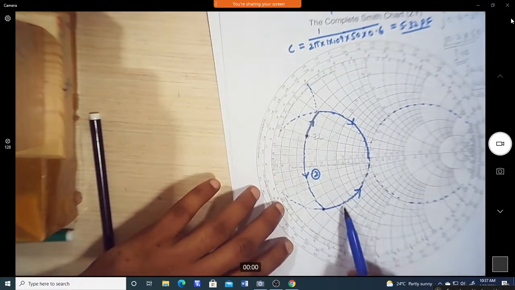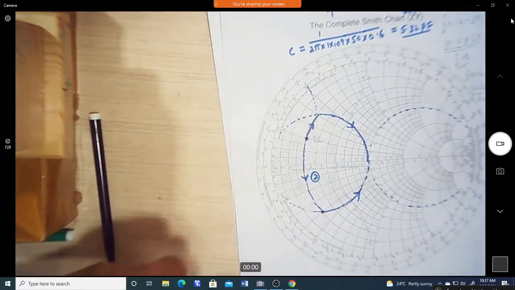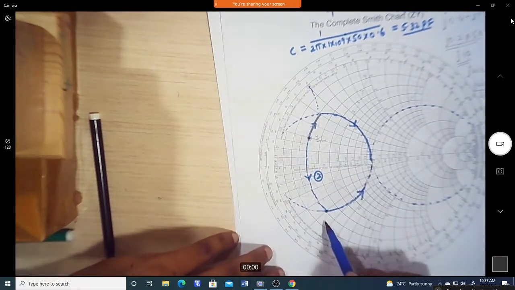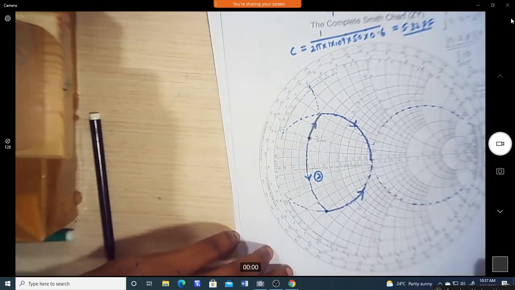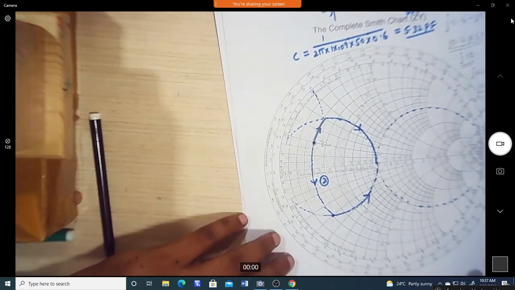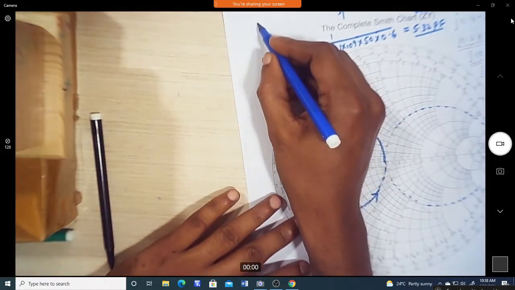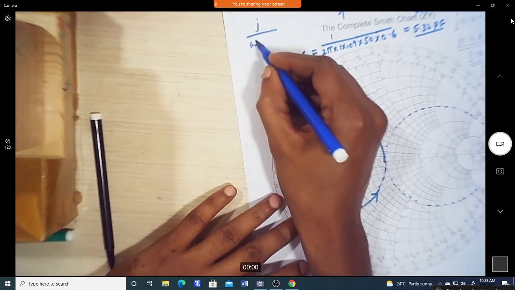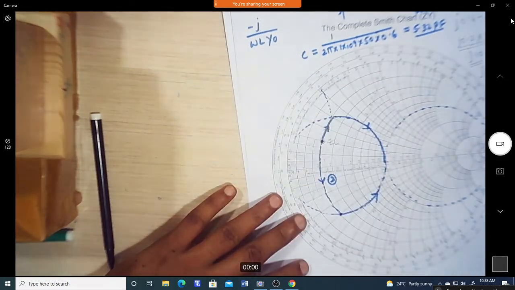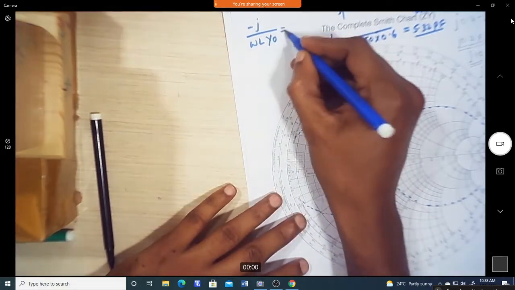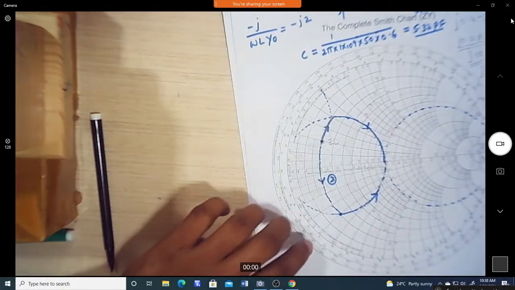Since it is a negative portion, the 0 minus of minus 2 is plus 2. So j2 we can equate to the inductor equation. The shunt inductor is minus j by omega L Y naught, which is equal to minus j2.